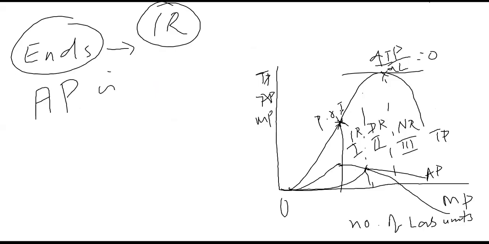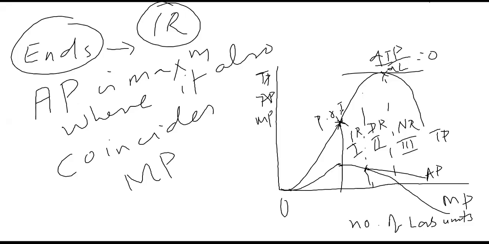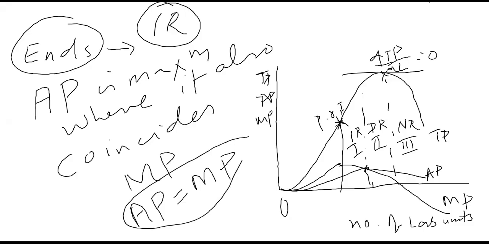This stage ends where the average product is maximum, where it also coincides with the marginal product of the variable factor.